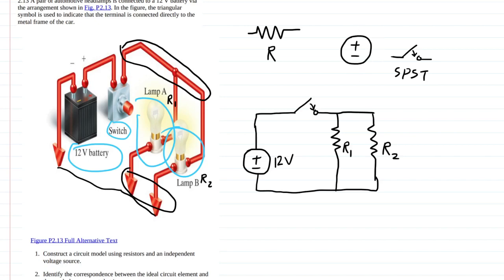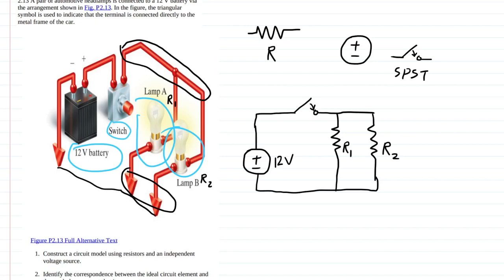That's how it corresponds to the circuit element. You can also identify, like I said, the lights themselves can be treated like resistors because they turn pretty much all of the energy that goes through them into heat, like a resistor. There's some light emitted, which is why they're used, but they can be modeled as a resistor.